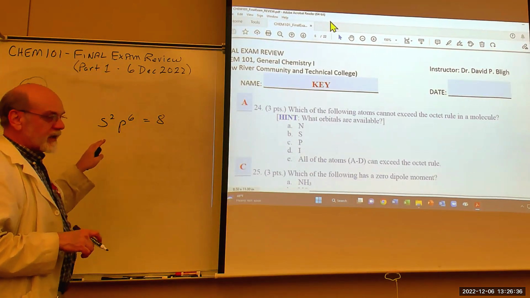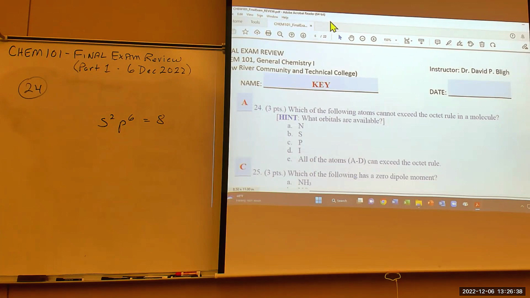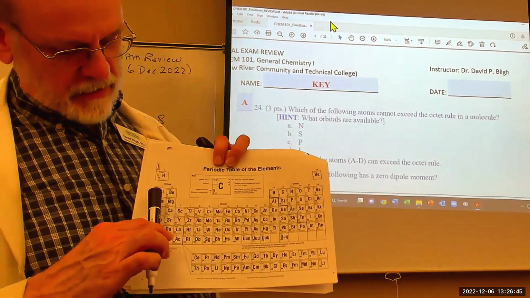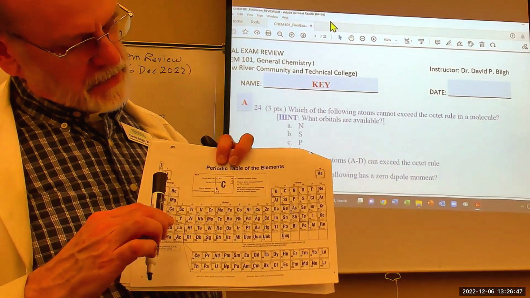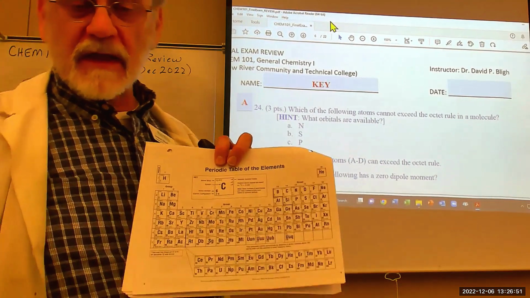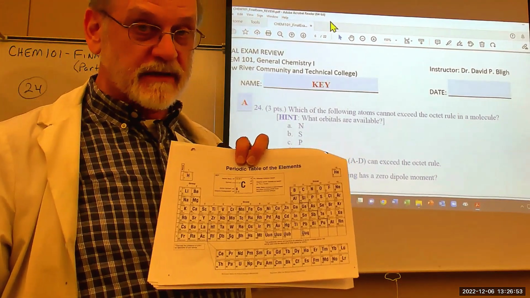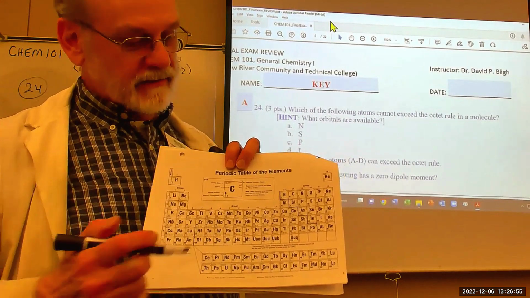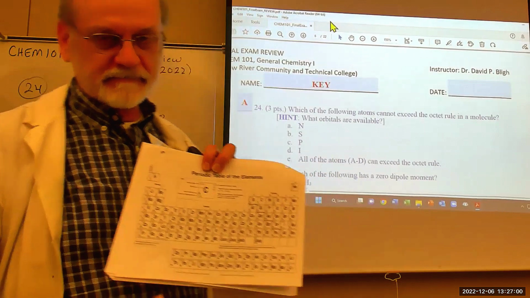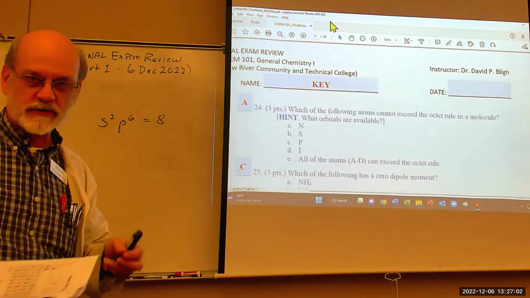So you can look at it that way, or you can use the periodic table again. And notice that if the principal quantum number is 2, right here, across here, those elements cannot exceed the octet. There's no way. They can be less than, like boron is, but they cannot exceed the octet because they do not have d orbitals available.